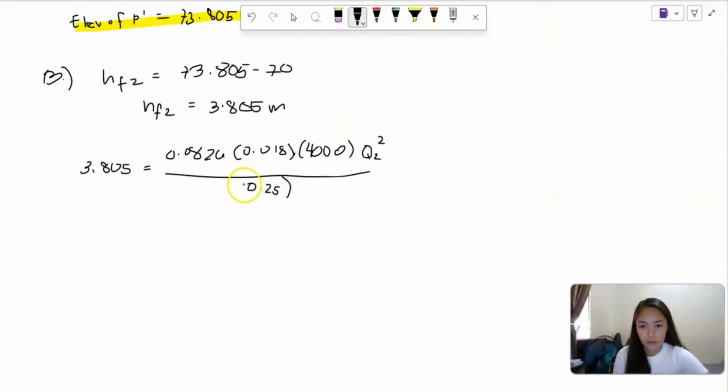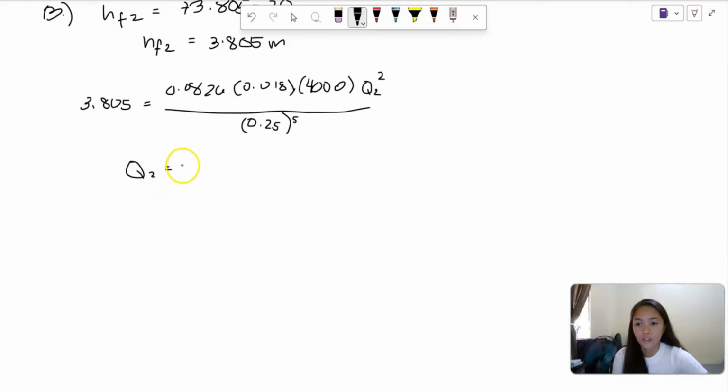So the value here, input in the calculator, shift solve, we can get a value of 0.025 cubic meters per second. So we already got the flow in pipe 2 in cubic meters per second.